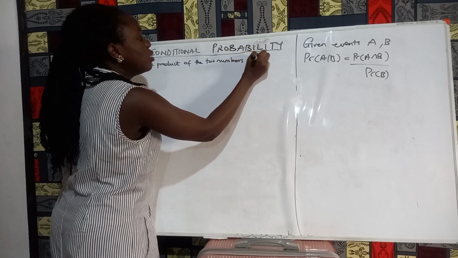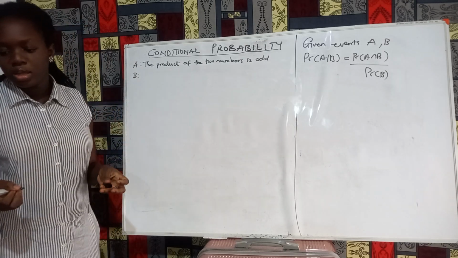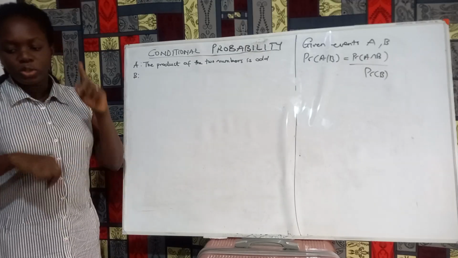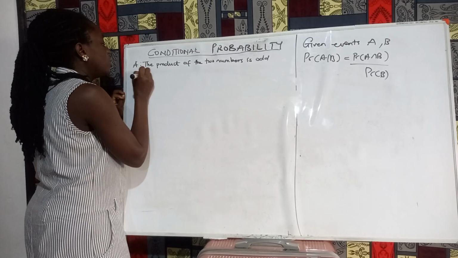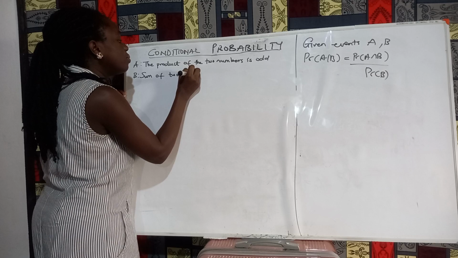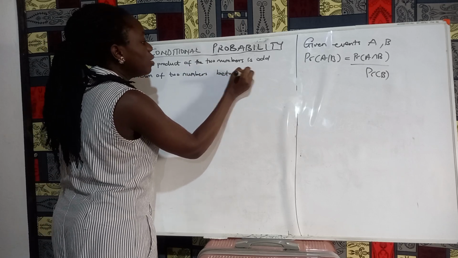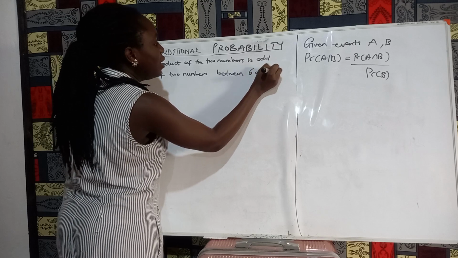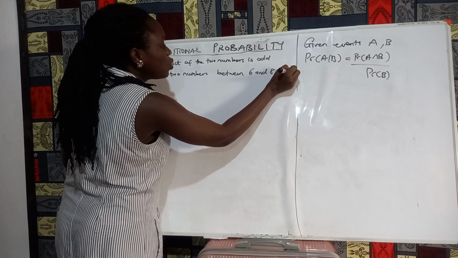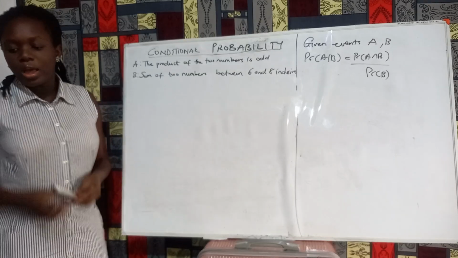Then we define B as the event of the sum of the two numbers being between 6 and 8 inclusive. So the addition of those two numbers should be either 6, 7, or 8. Now back to the question.